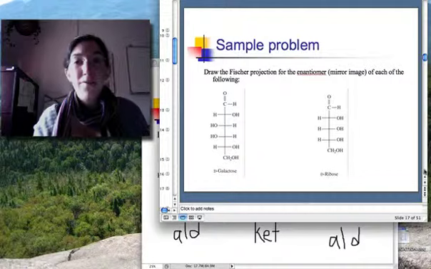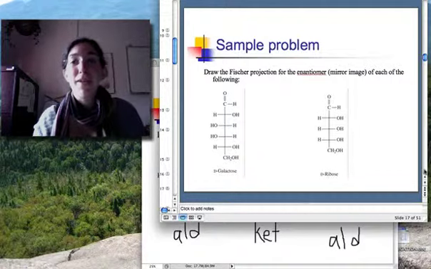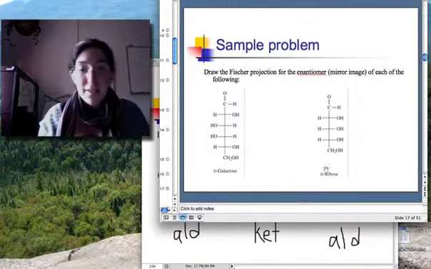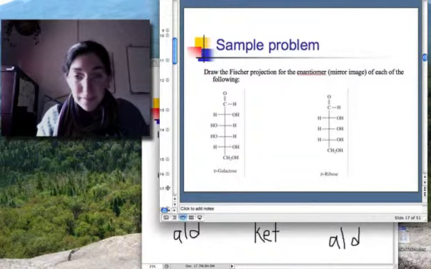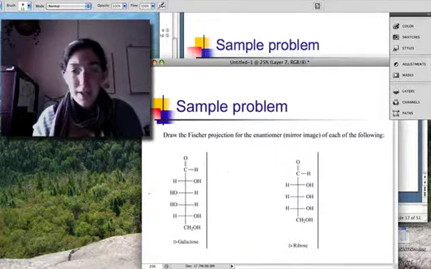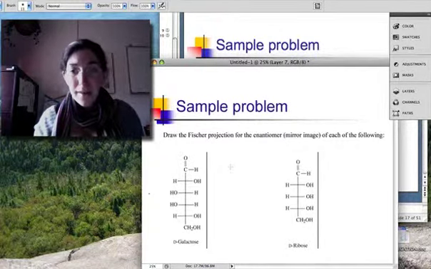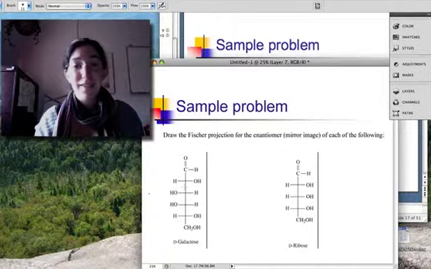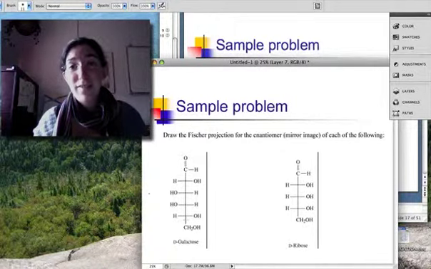So let's draw some Fischer projection enantiomer mirror images of these guys. Remember, only chiral carbons have mirror images. We only need to draw mirror images of the chiral carbons.